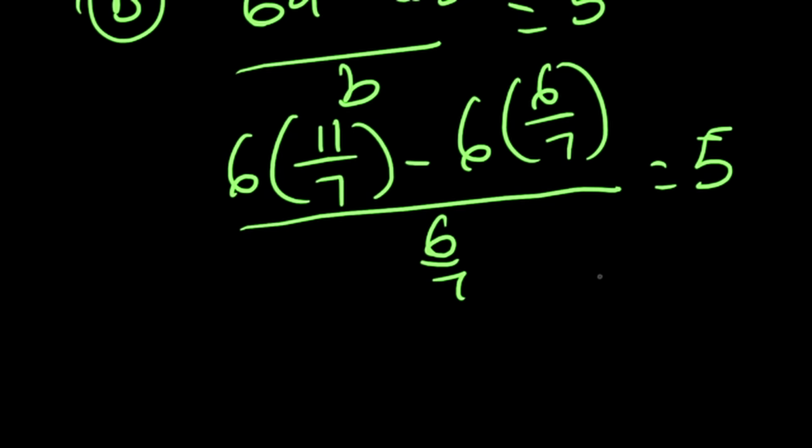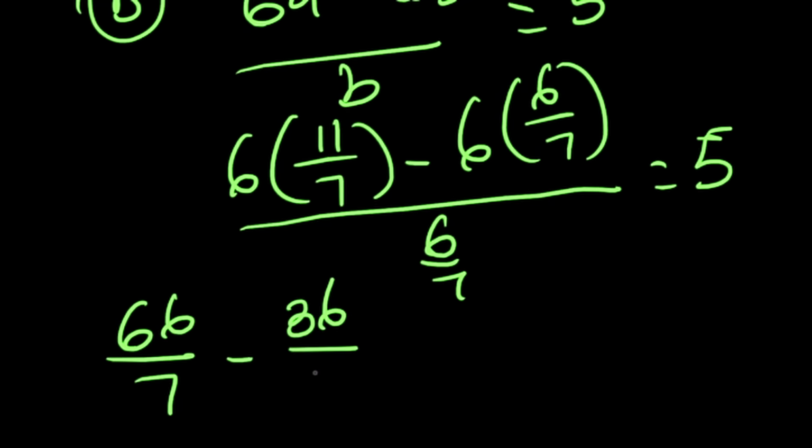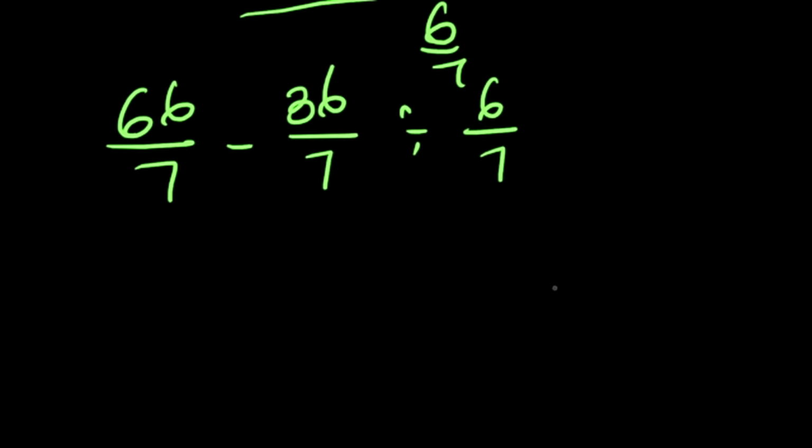So let's multiply. 6 times 11 is 66. 66 over 7, then minus 6 times 6 is 36 over 7. So we can now remove this from the denominator and say this is divided by 6 over 7. Okay, let's proceed.